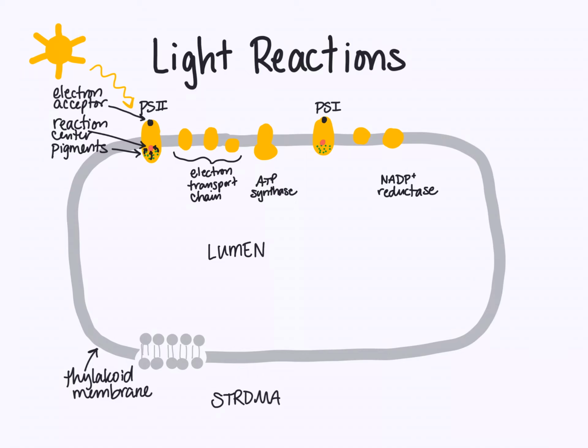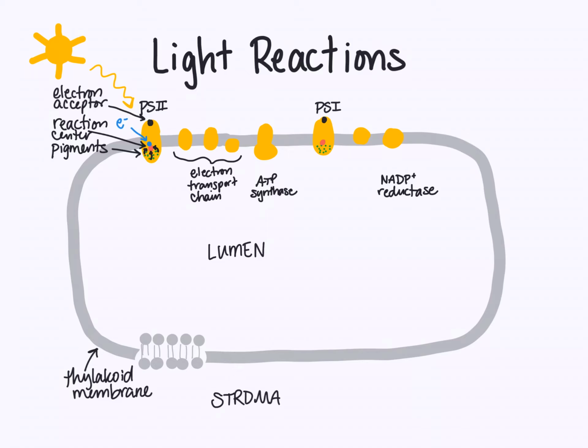Now, the reaction center is a molecule, and it has electrons in it. So I'm going to draw a little blue electron right here. And I'm going to abbreviate this as e negative, which just stands for an electron. And so what happens is when the solar energy comes in and excites those pigments and they absorb that energy and pass that energy to the reaction center, the electron gets excited.